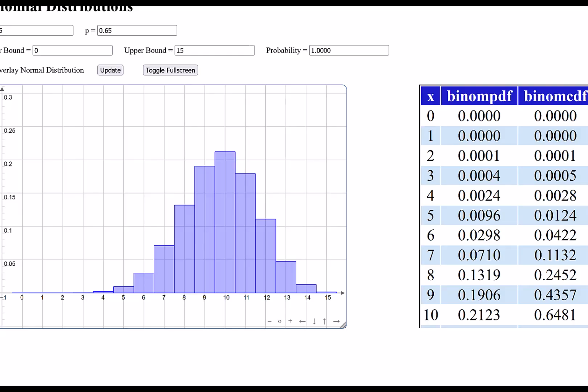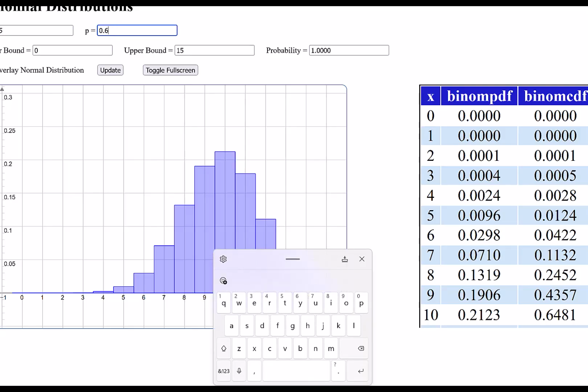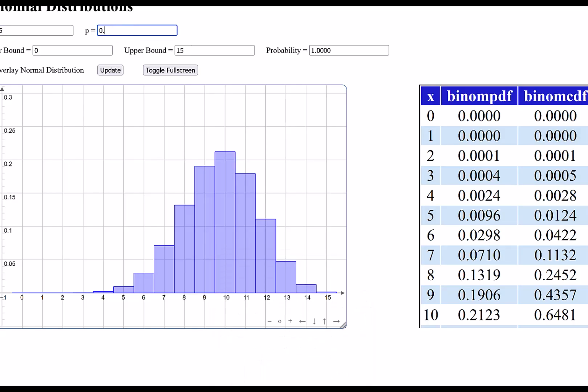Okay, so here's a binomial distribution app which allows me to input values of n and p. So we have 65 trials in our experiment, and a probability of success is 0.36. So I'm going to put those values in.